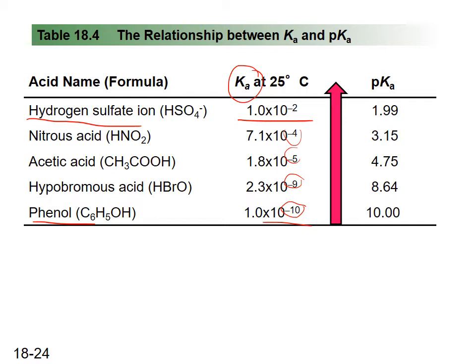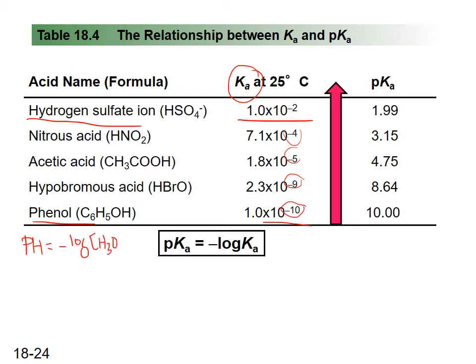Similar to the idea of pH, we define pKa. pKa is defined as negative log Ka, just like pH equals negative log hydronium ion. The advantage of using log is that if you have a number that is 10 to the nth power, this just equals n, which makes it simpler.